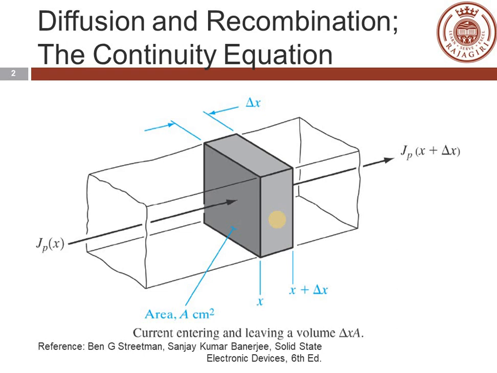The hole current density leaving the volume, that is Jp of x plus delta x, can be larger or smaller than the current density entering this particular volume, which is Jp of x, depending on the generation and recombination taking place inside this semiconductor sample. That means your Jp of x plus delta x can be larger or smaller than Jp of x, depending on what happens inside this differential length.